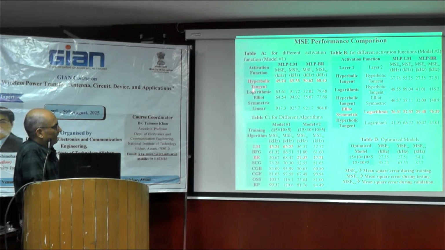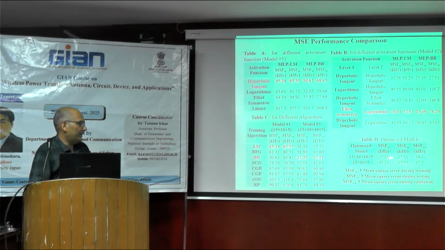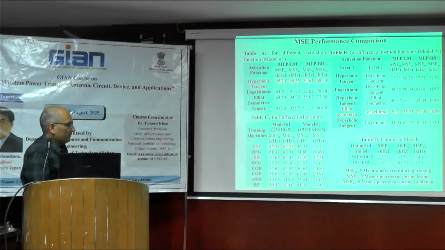Then with different algorithm variations on the optimized structures, the hyperbolic tangent activation function is giving the least error. Here the Elliott activation function is giving the least error, and the LM algorithm and Bayesian regularization algorithm are giving the least possible error. Then the final optimized model we are having is 15 10 10 5, with the least possible mean square error during training, testing as well as validation.